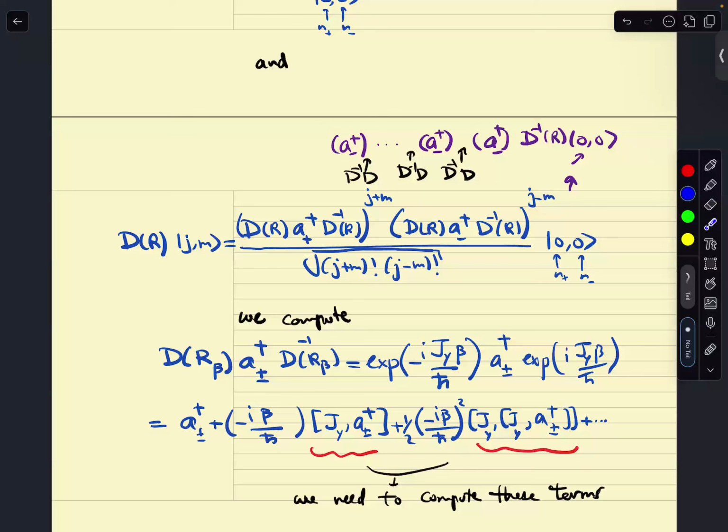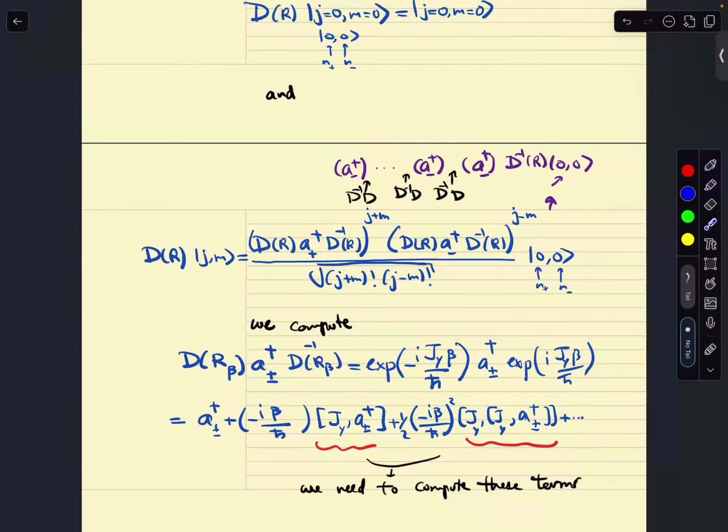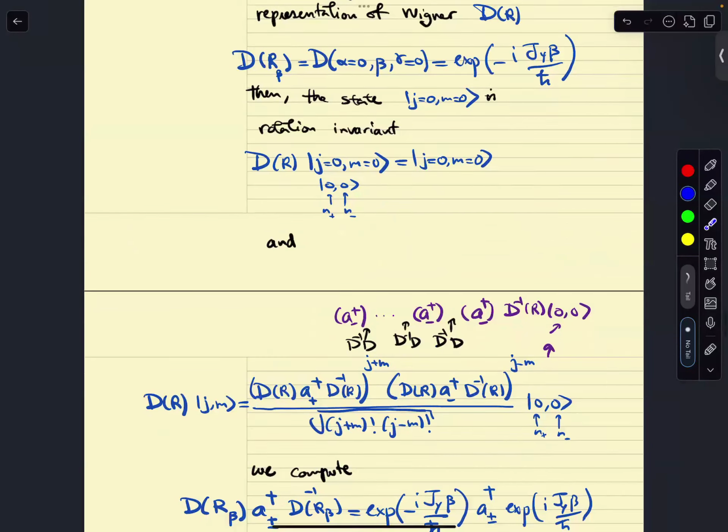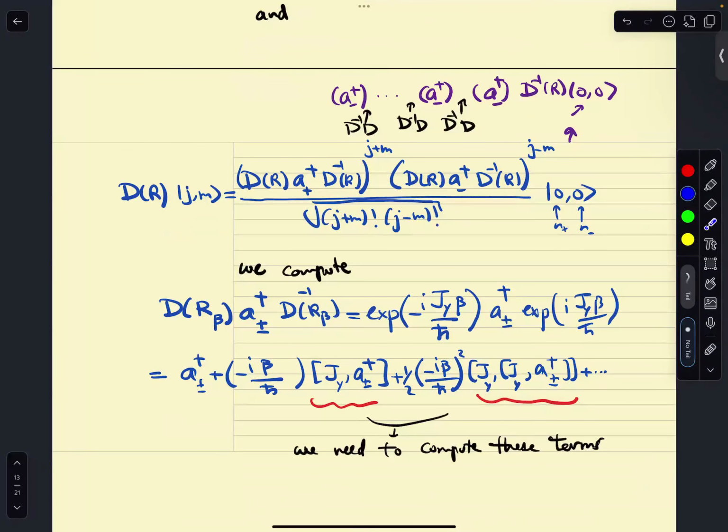All we need to do is calculate these rotation matrices, these rotations. How do we do that? We use the Baker-Campbell-Hausdorff formula. So for D of R of beta, we're considering rotation around axis Y by angle beta. So here are what the rotations are: JY, with a plus minus dagger in between.